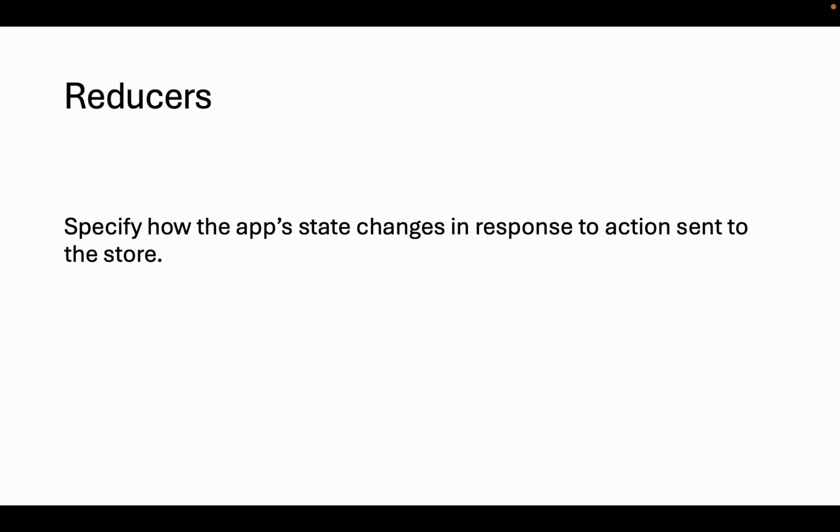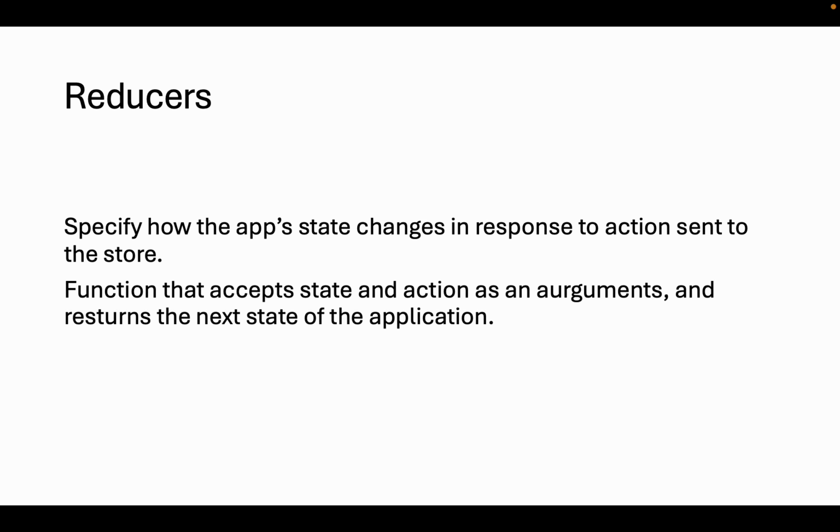Any kind of action that we created, an action object in our last video, whatever type of action we are dispatching from our application towards the store, will let us know what kind of changes will happen to our state object.